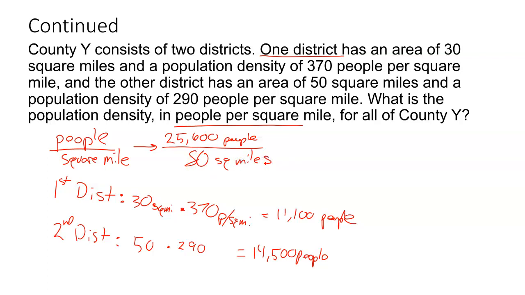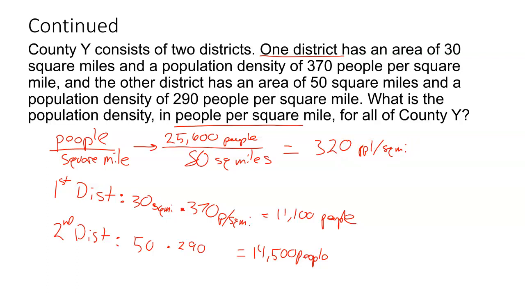So I've got my ratio. I've got 25,600 people taking up 80 square miles. How do I find the number of people per square mile? Help. Oh. 320 people per square mile.